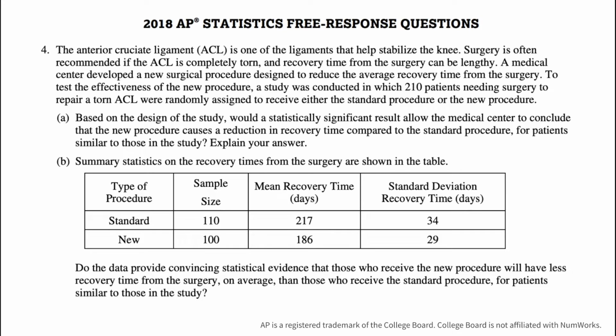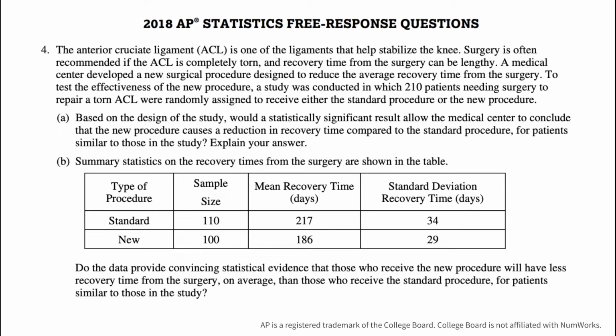A medical center developed a new surgical procedure designed to reduce the average recovery time from the surgery. To test the effectiveness of this new procedure, a study was conducted in which 210 patients needing surgery to repair a torn ACL were randomly assigned to either receive the standard procedure or the new procedure.